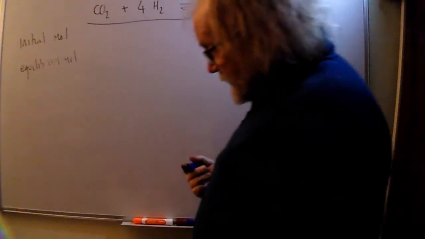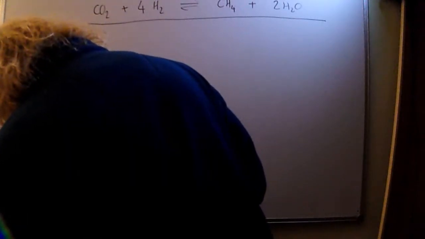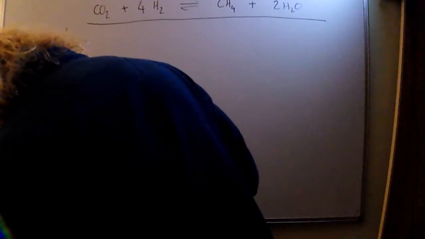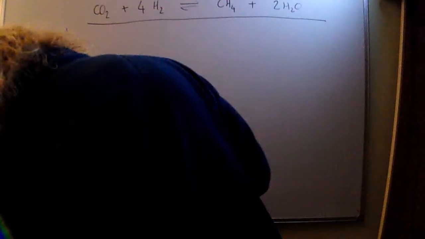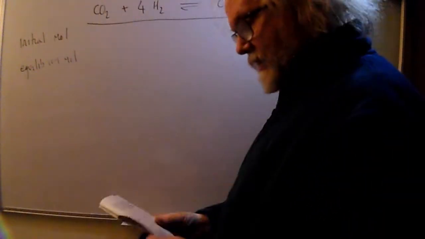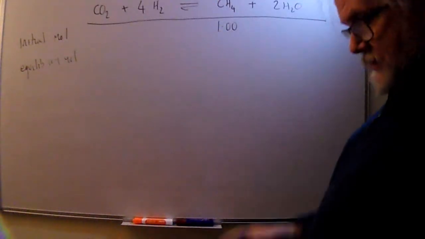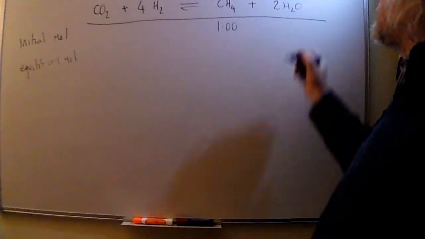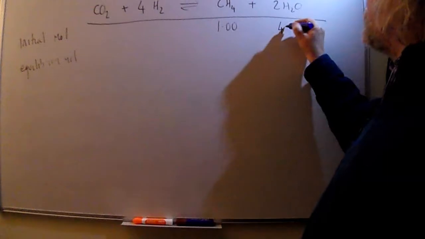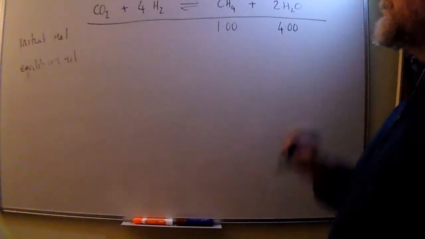So in this case, it tells us that at the beginning we have, what do we have? 1 mole of CH4, so we can put 1 in here. And it tells us that we have 4 moles of H2O, so we can put 4 in there. So 4 moles of steam.